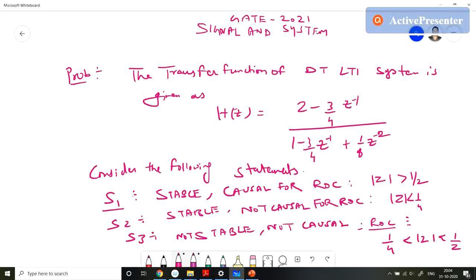So S1 is stable and causal, ROC is given. S2 is stable and not causal, for ROC modulus z less than 1/4. And S3 is not stable, not causal, for ROC 1/4 less than modulus z less than 1/2. So these are the conditions that are provided.